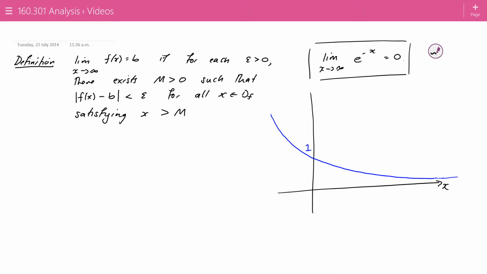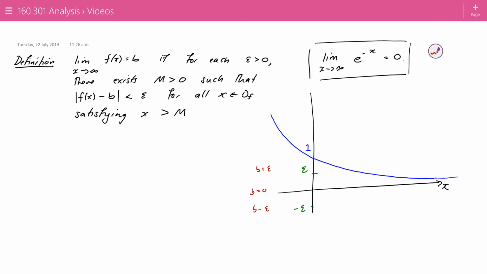If we specify a value of epsilon, there exists an m greater than 0 such that, where b in our example is 0, we want to look at the interval from b minus epsilon to b plus epsilon, where b equals 0.